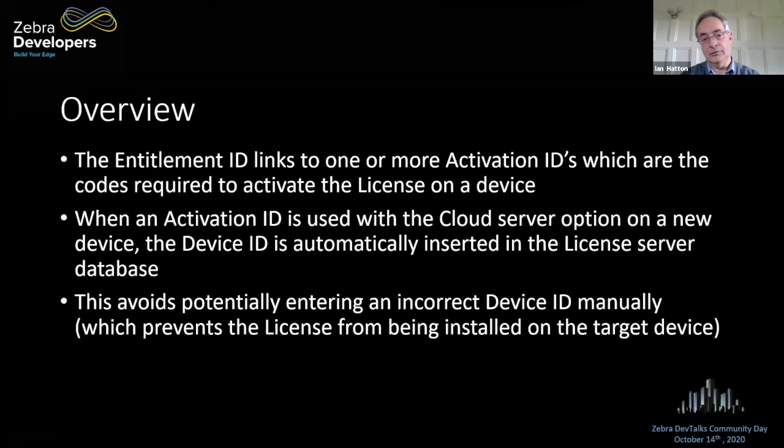And that's useful because it avoids a potential issue whereby if you manually enter a device ID and you enter something even slightly incorrectly, so you miss out a digit or you put a lowercase alpha instead of an uppercase, then that prevents that license from being accepted on the target device, because it has to have 100% match between the device ID on the device and the device ID that's been included in the license. So it is actually a good idea if you have the option to initially license through the cloud server, even if you're going to then subsequently deploy it on a non-connected device.